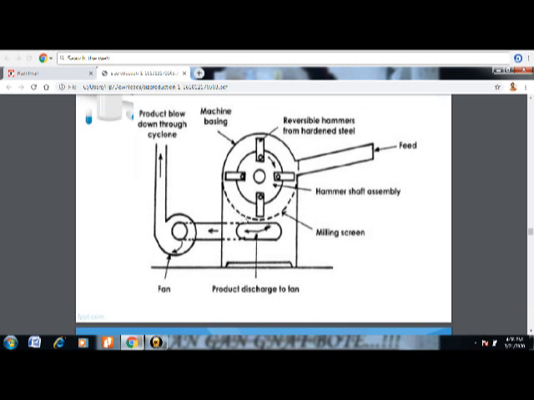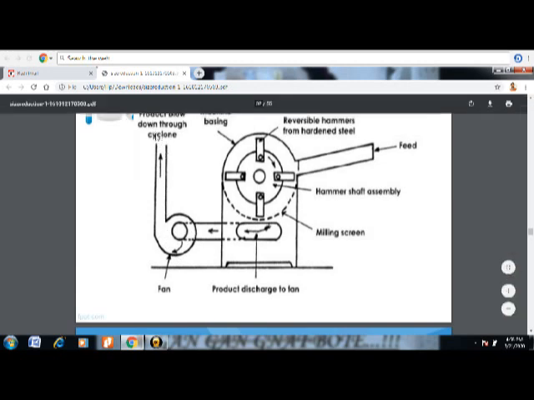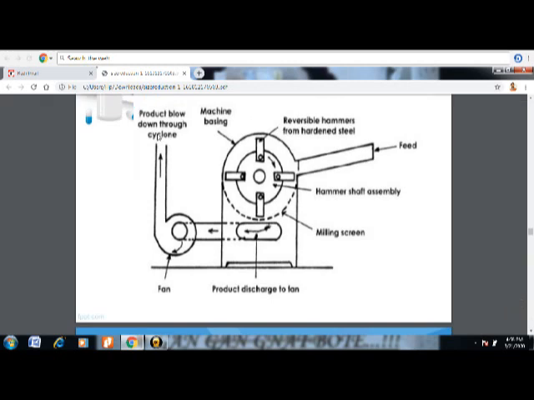Then with the help of this cyclone separator, this powder form will be taken. This powder form will be taken from here, and the coarser material will be here, and the fine material will be separated with the help of the cyclone separator. So this is the construction of this hammer mill.